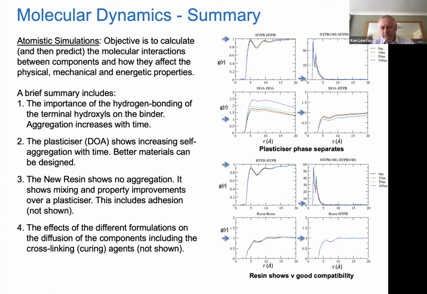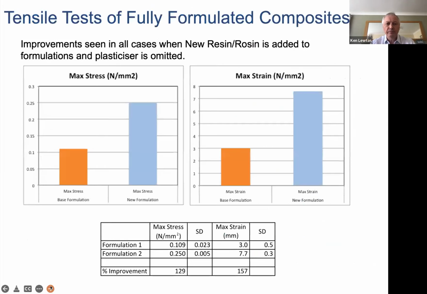And the effects of these different formulations on the diffusion of the components is important, because the plasticizer likes to link with the cross-linking agent as well, and therefore you lengthen the time for curing the propellant.